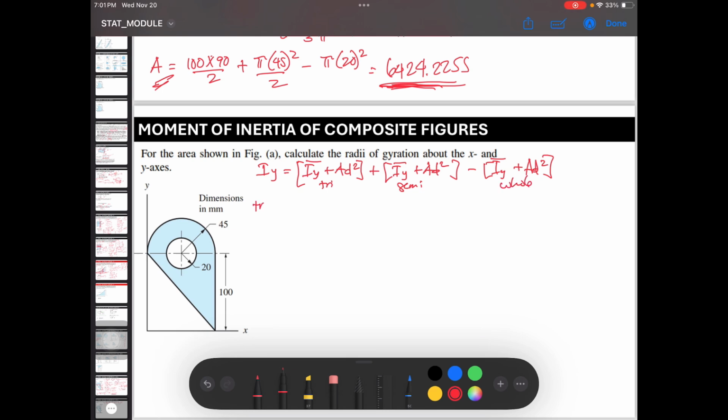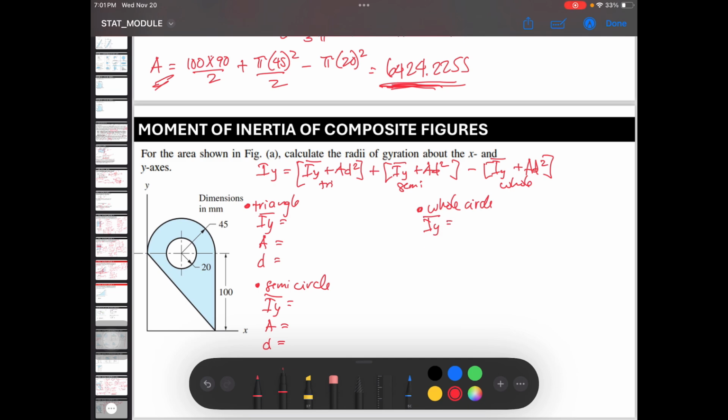Let's start with the triangle. Iy bar equals, then area niya, distance niya. Next is semicircle. Iy bar niya, area niya, and distance niya. And then si whole circle.